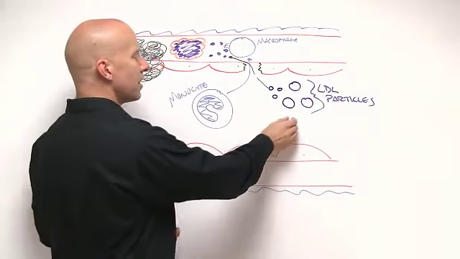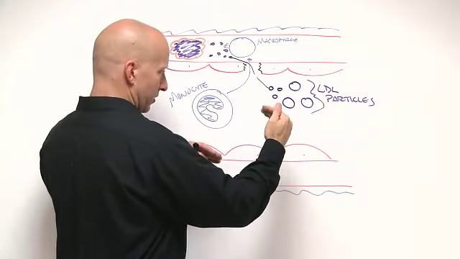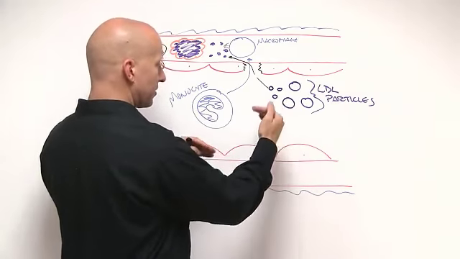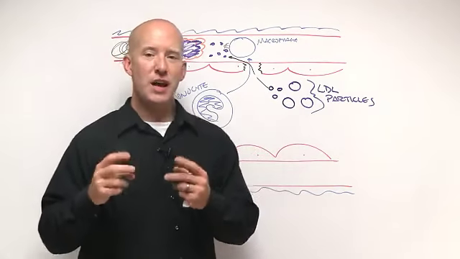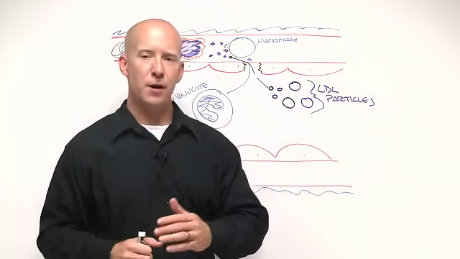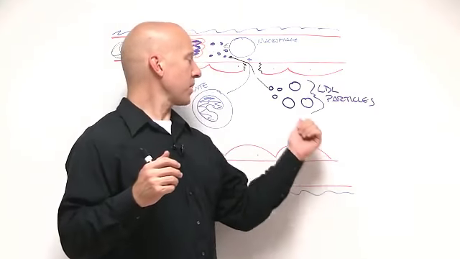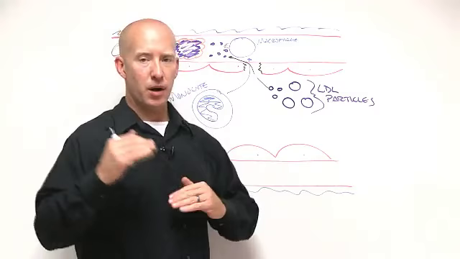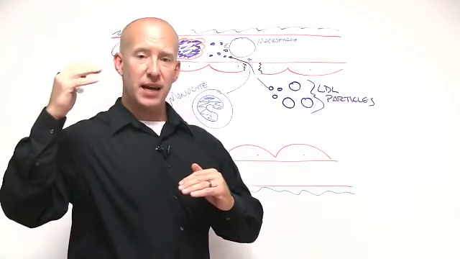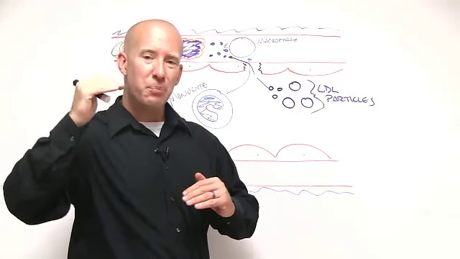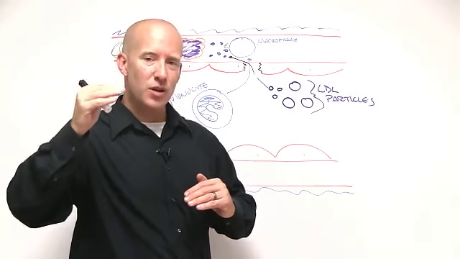So you can have two people, totally different scenario. One has a low amount of the large buoyant LDL particles, and another person has a high amount of the large buoyant LDL particles. That person is at an increased risk.